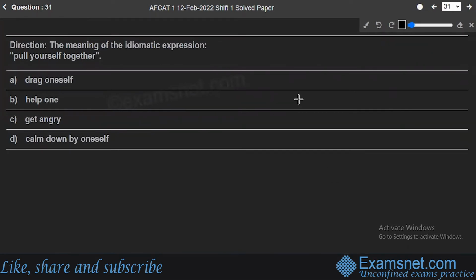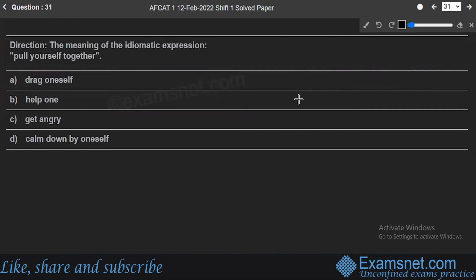So the given phrase in this one is the meaning of the idiomatic expression pull yourself together. Let's see the options: to drag oneself, or help one, get angry, calm down by oneself.